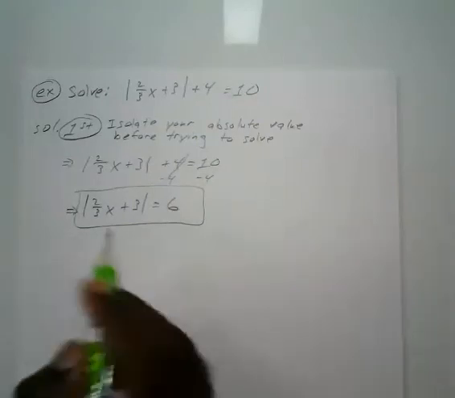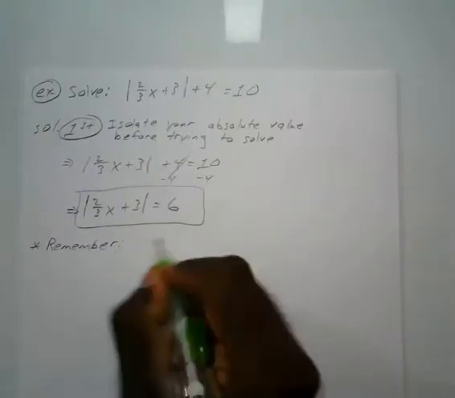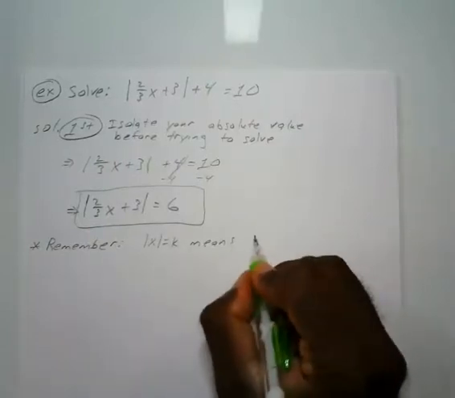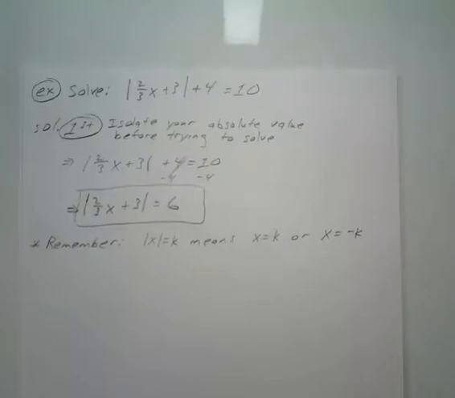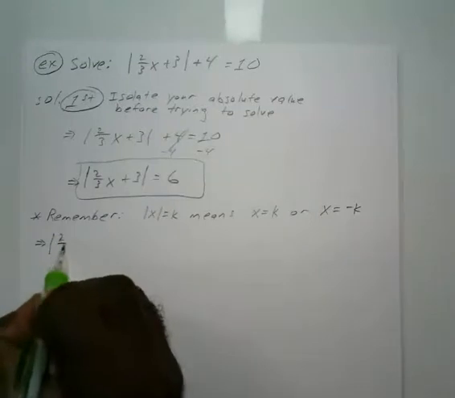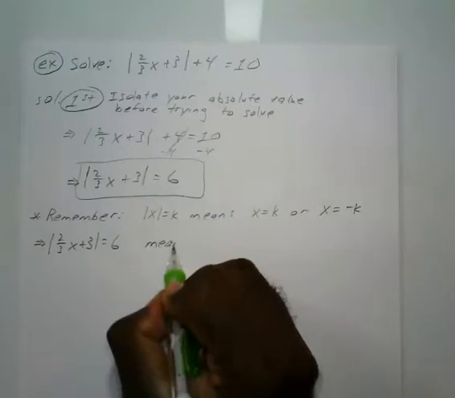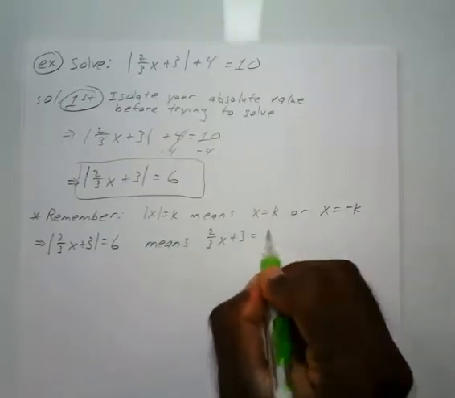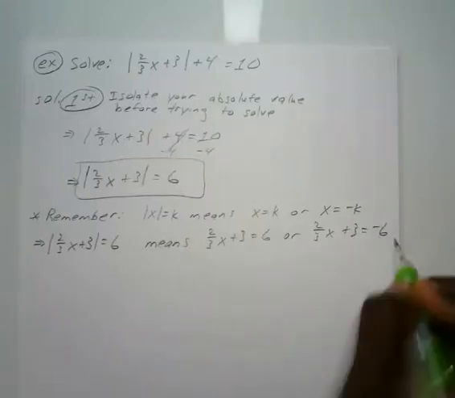Now remember, this is an equation. If you remember that the absolute value of x equals k means that x equals k, or x equals negative k, we apply the exact same thing here. The absolute value of 2 over 3x plus 3 equals 6 means 2 over 3x plus 3 equals 6, or 2 over 3x plus 3 equals negative 6.